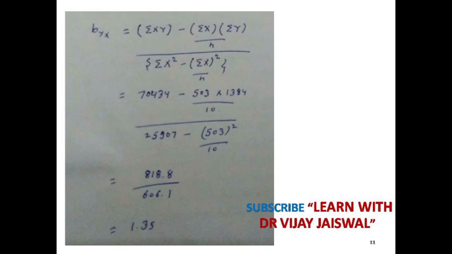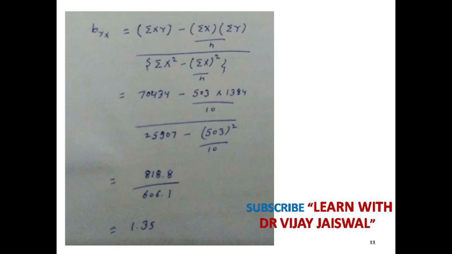Here students generally make mistakes in the calculation of the denominator. These two values, summation x square and summation x whole square, are very different things. Generally students make mistakes here.